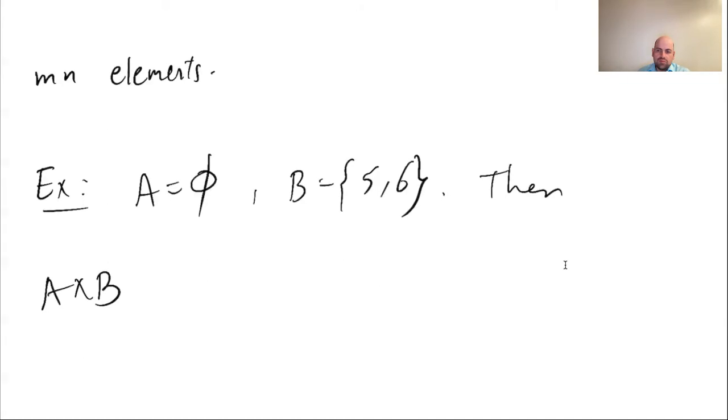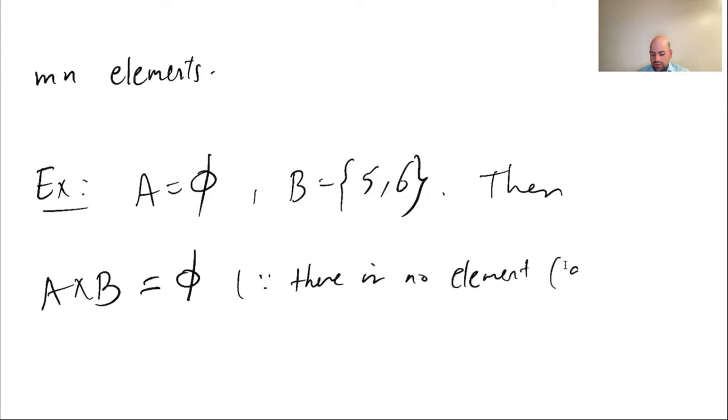So in A cross B, I will have no pair, because if I want to have any pair, the first coordinate must come from the first set A, but A has no element. So that means A cross B is the empty set, because there is no element (a, b) with a coming from the first set A, which is the empty set.